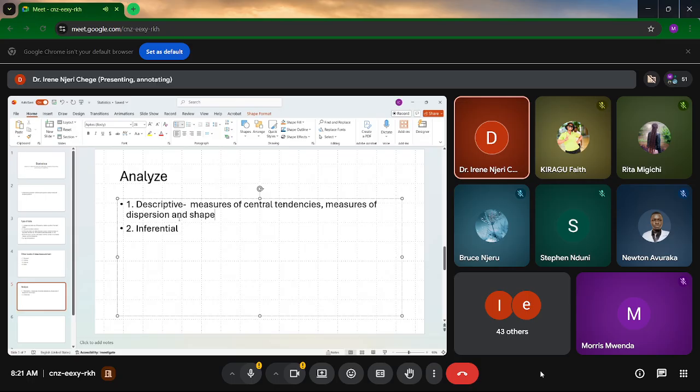So when we're talking about descriptive statistics, we are interested in the mean, the mode, the median. The mean meaning, what is the average? The median meaning, what is the 50th percentile? The mode meaning, what is the most frequent presentation of data?